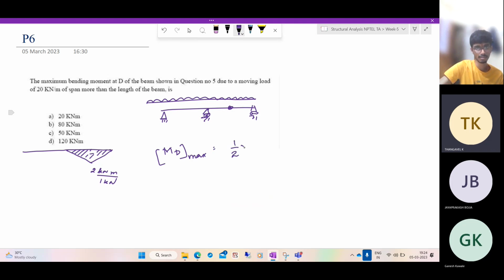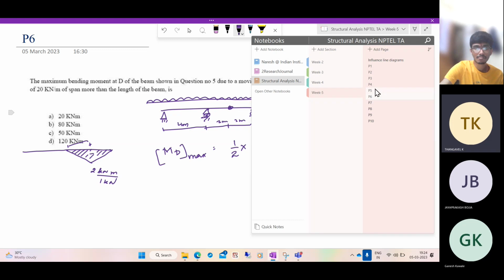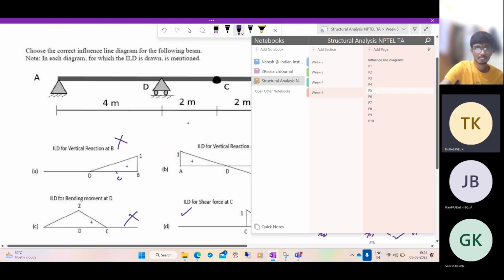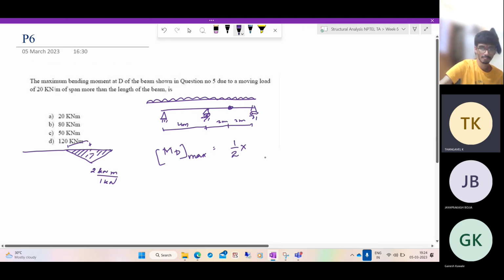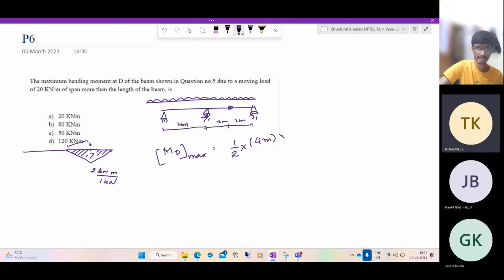So half into how much is the base of the triangle? This is 2 meters, 2 meters. This is 4 meters. So half into base. Base is 4 meters into height.